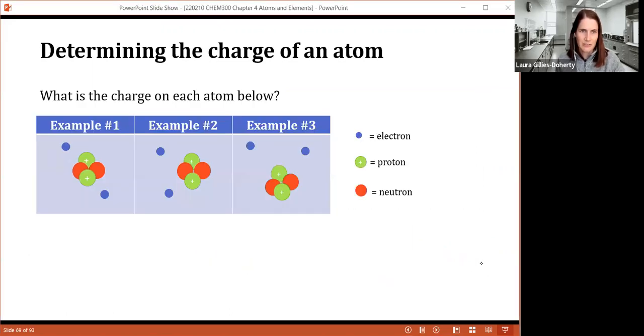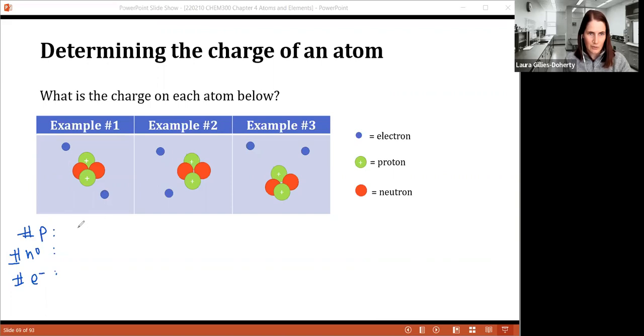So let's figure out charges based on subatomic particles. We have 3 examples here. The blue dots represent electrons, the green dots represent protons, and the red dots represent neutrons. Let's see, example 1. Number of protons, number of neutrons, number of electrons.